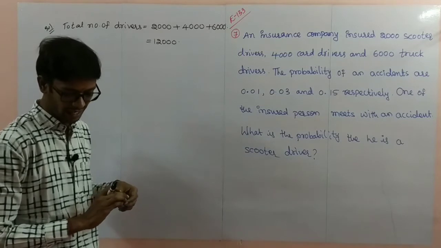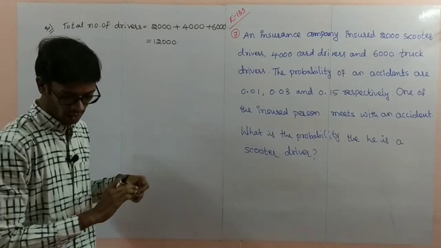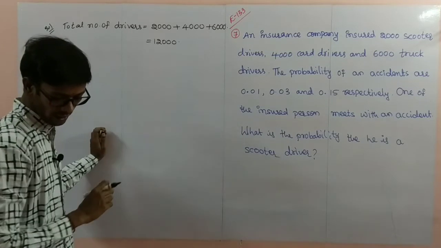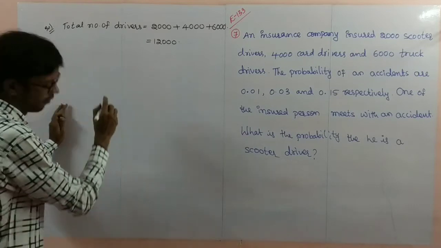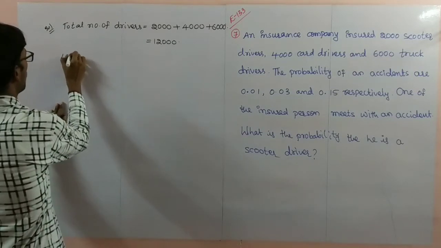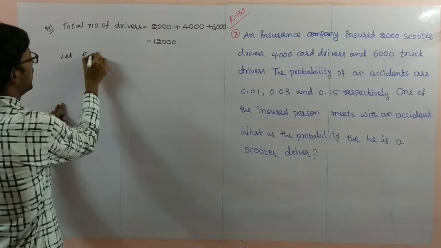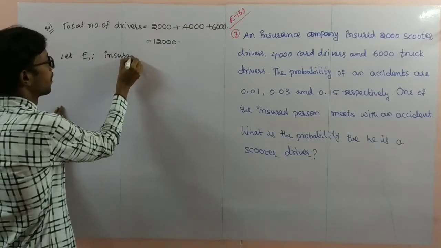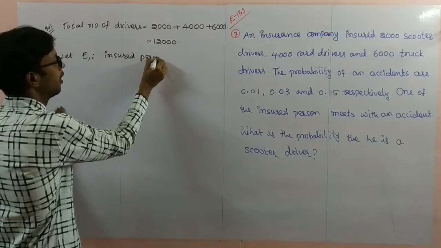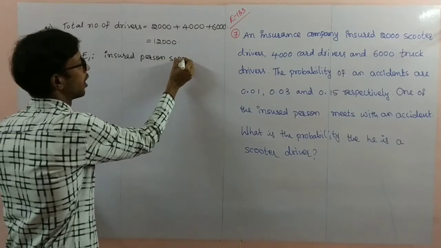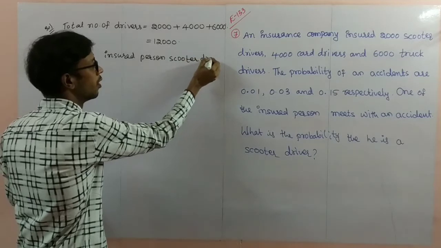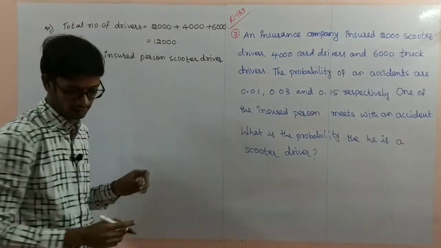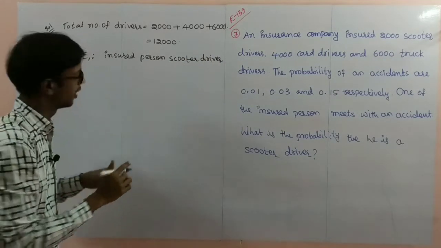So now here I'll take the events. First of all, 3 events are there. Let E1 be the event that the insured person is a scooter driver.